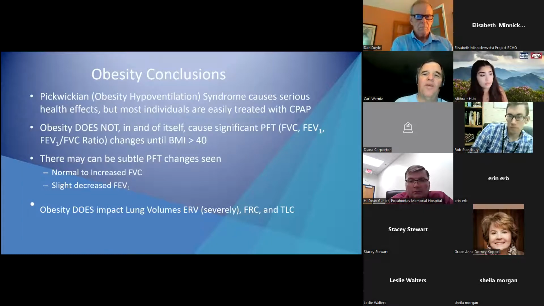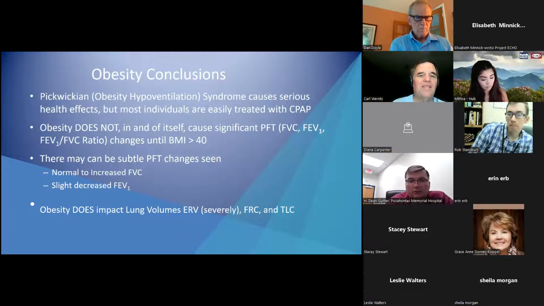So for obesity, Pickwickian syndrome or obesity hypoventilation syndrome really does exist, but CPAP, now something that's available, will help treat most of those people. Obesity does not in and of itself affect the normal pulmonary function test, the FVC, FEV1, the ratio, until you get the BMI over 40.